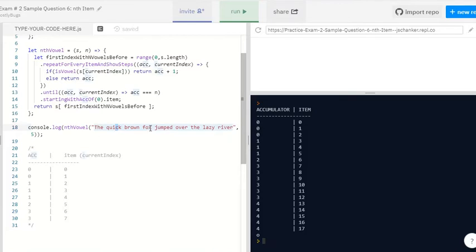So if our accumulator represents the number of vowels up to and including that position, then in that last one we would get the 5, 17 that we wanted, right? So we wouldn't have to subtract 1.